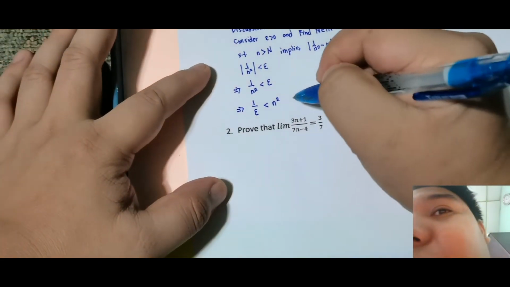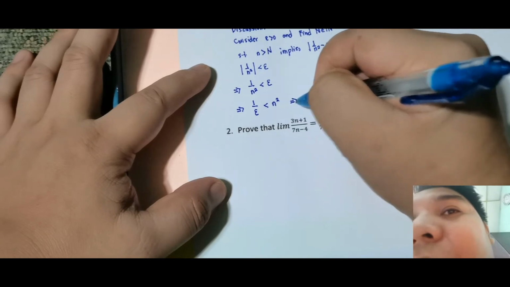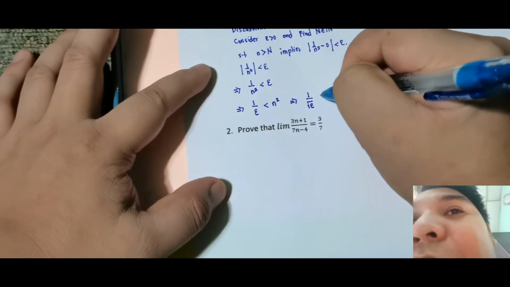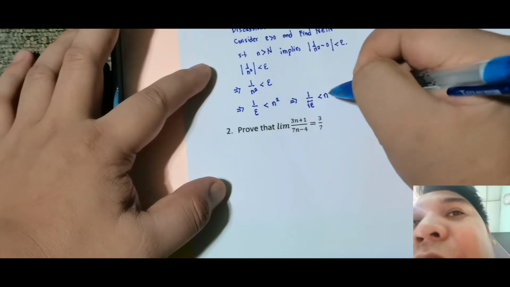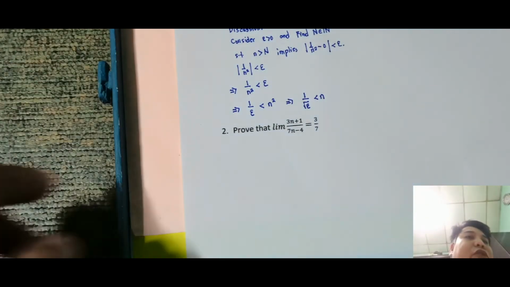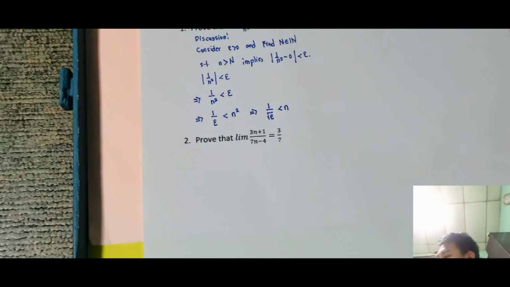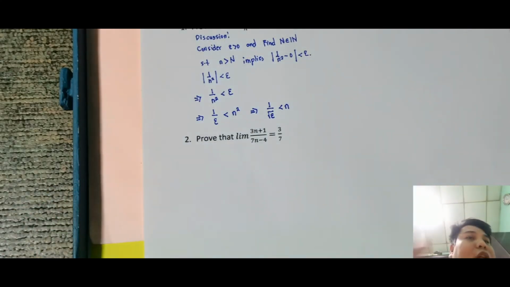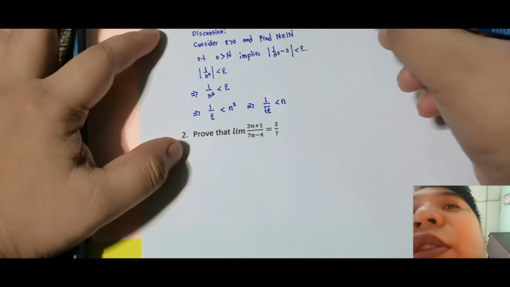So, pag in-square ko both sides, this implies na 1 over square root of epsilon is less than n. Ganun yung nangyari. Ngayon, ano yung gagawin natin dyan sa value na yan? Anong nangyari? Yung n is greater than 1 over square root of epsilon. So, we can choose.